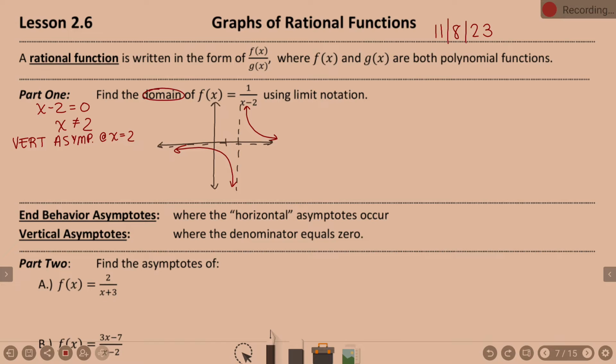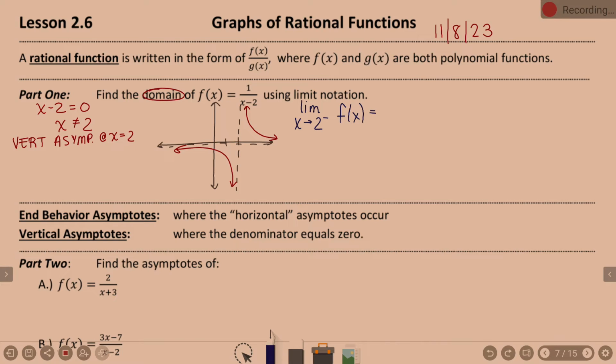Right here, the graph doesn't exist at 2. What is my graph doing on the left side of 2 and on the right side of 2? So as I write this, I'm going to write the limit as x approaches 2, and then I'm going to put a negative after the 2. What that's saying is, as x approaches 2 from the left. So the limit as x approaches 2 from the left is what that's asking.